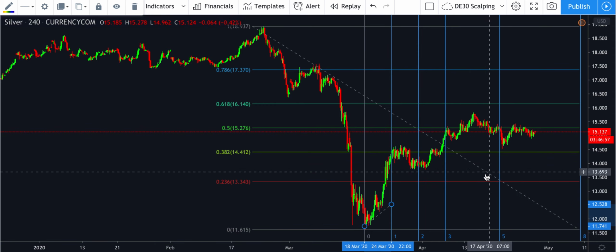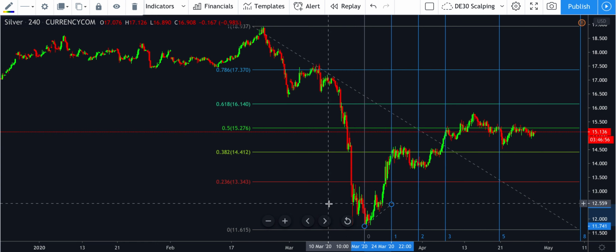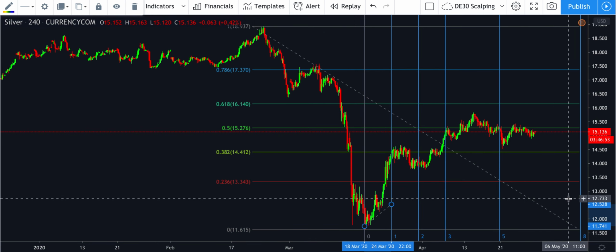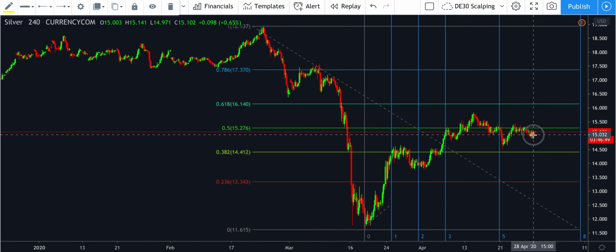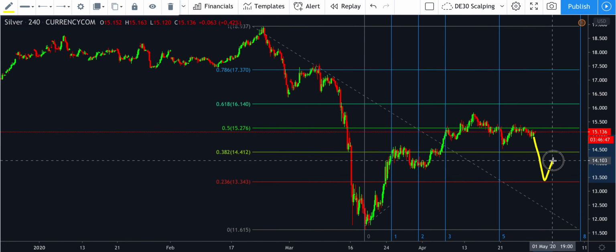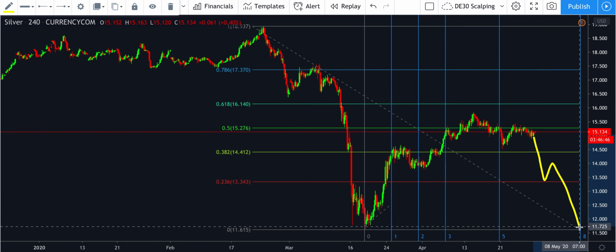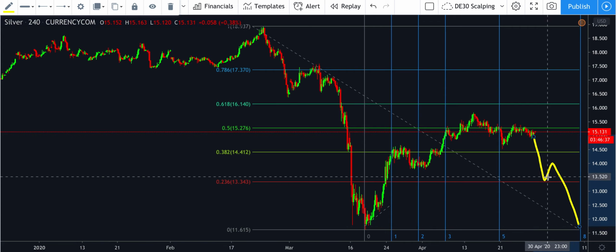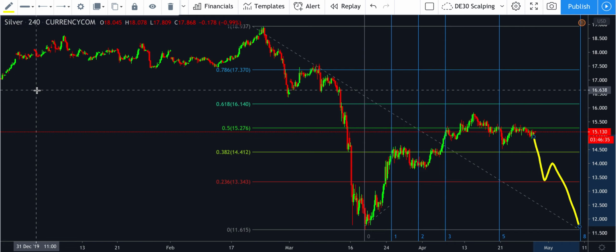So maybe the cycle is done, and maybe we are going to be continuing the down move to reach the 8th time cycle of Fibonacci's time cycles.